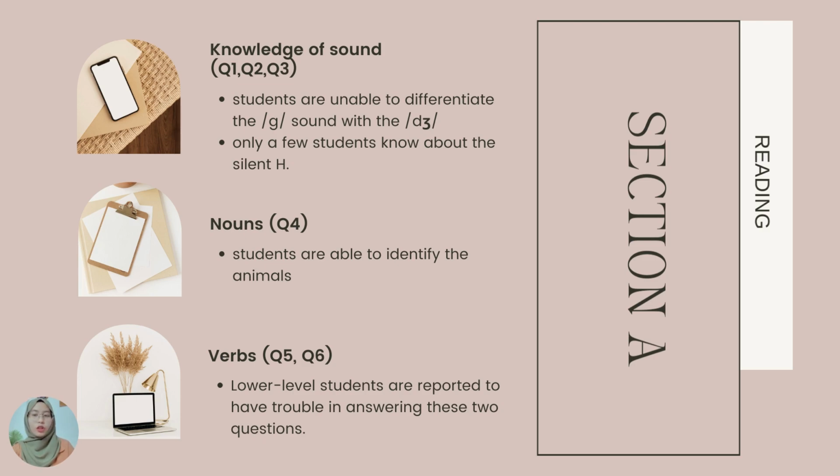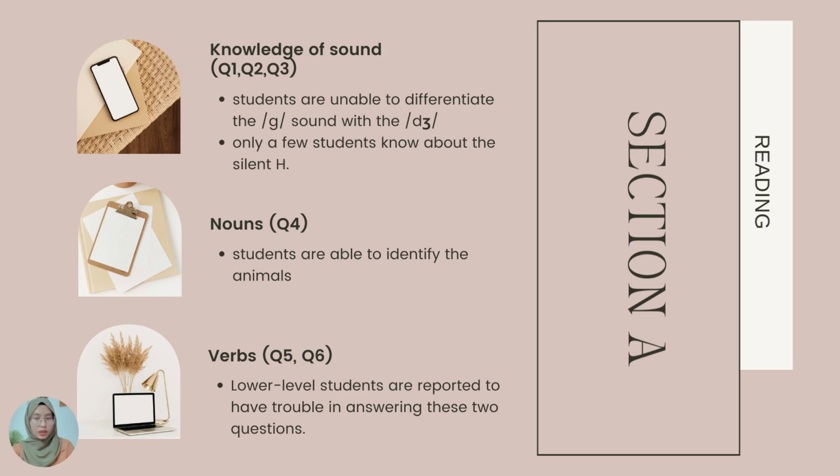Next, question 4. It tests students' knowledge of cross-curricular elements, science, as well as their knowledge of animal vocabulary. Fortunately, almost all students have no trouble with this question. On the other hand, question 5 and question 6 test students' knowledge of verbs, especially from Unit 9, which is the last topic in their Supermind textbook.